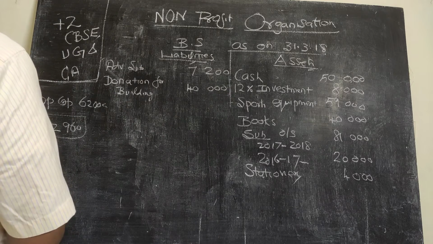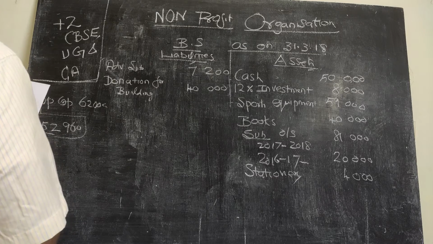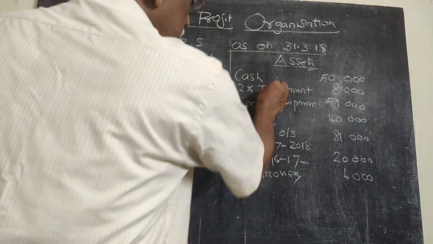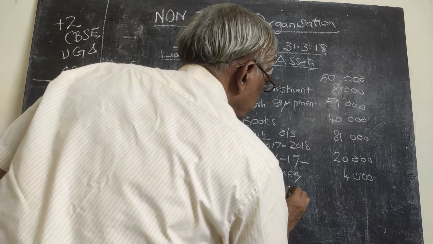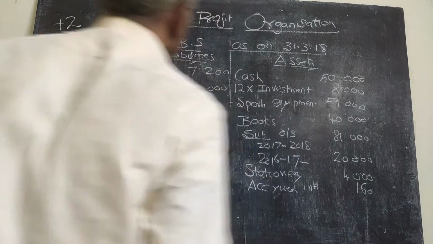Then donation, government grants, interest, investment, everything we had taken. Here in the investment, accrued interest 160 we have found out.